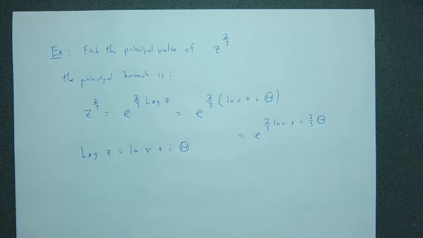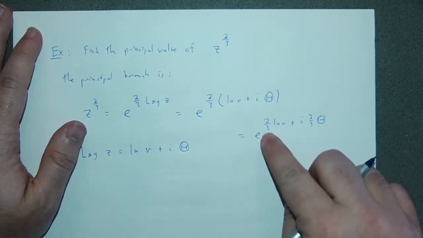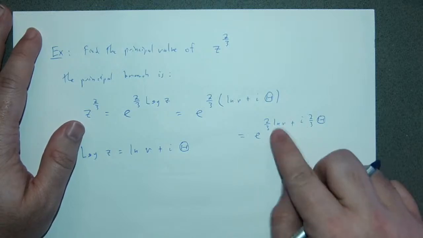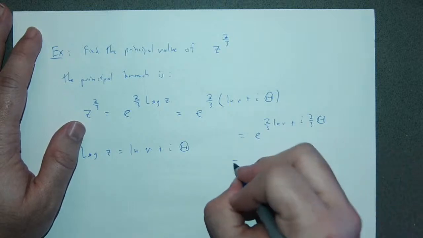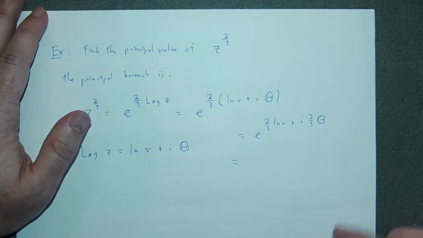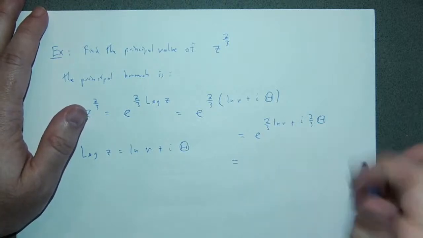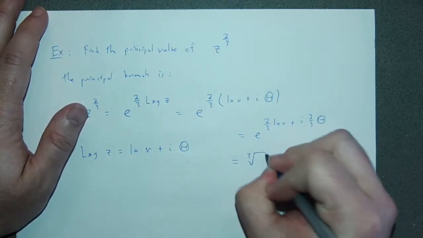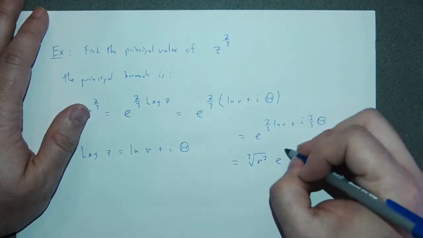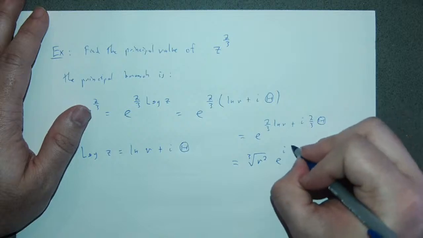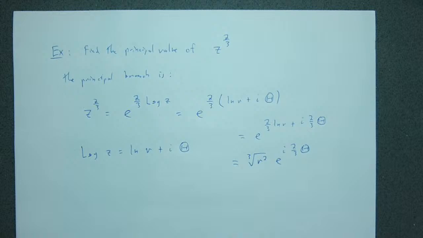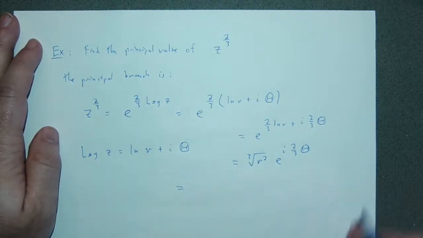Then moving 2/3 to the exponent of r here, because this is just natural log, so of course I can do that, right? And rewriting this, this is r to the 2/3, which I could write as r squared, or the cubed root of r squared. So this is the cubed root of r squared times e to the I times 2/3 theta. I can use Euler's formula to rewrite this.